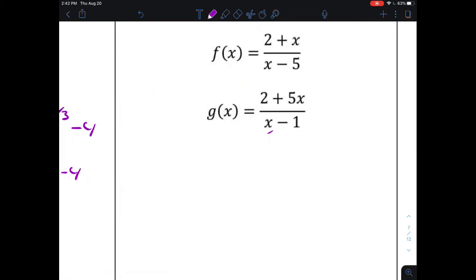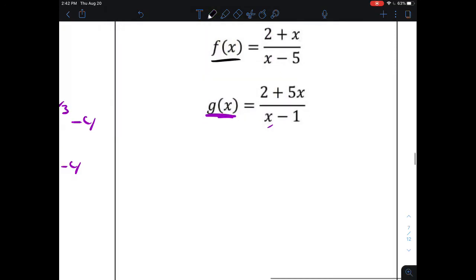And let's look lastly at one more here. So I want to perform the composition and see if f and g are inverses of one another. So I'm going to let g be here in purple, and let me go ahead and pre-write f. So f, I'm going to keep that one in black, and we'll try to simplify from here.